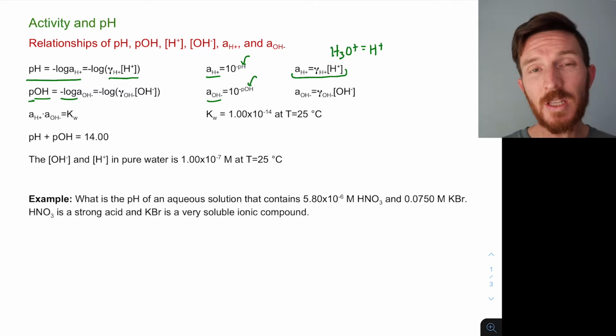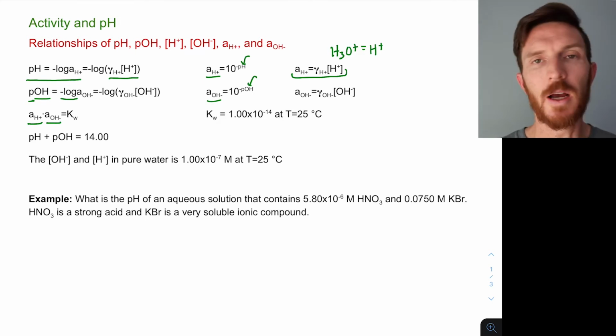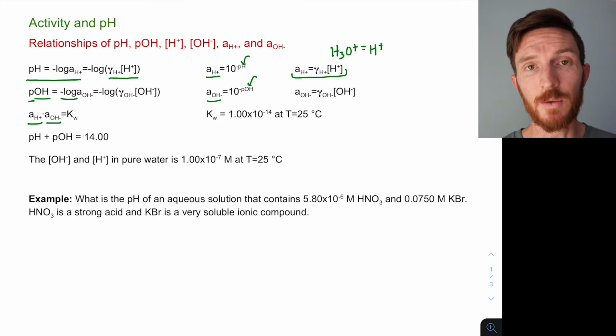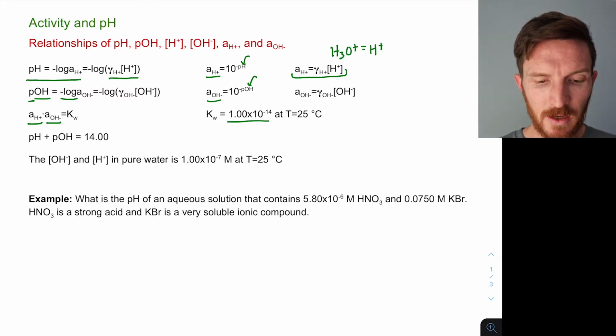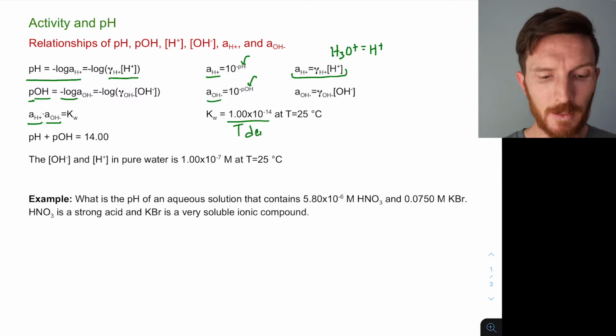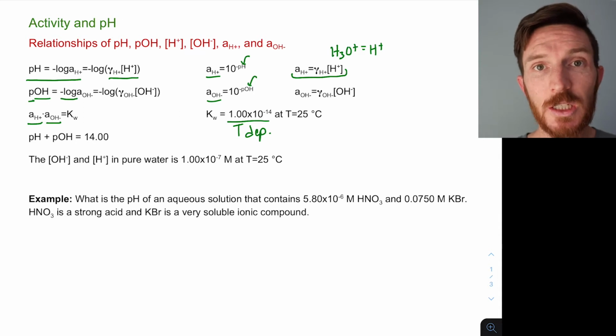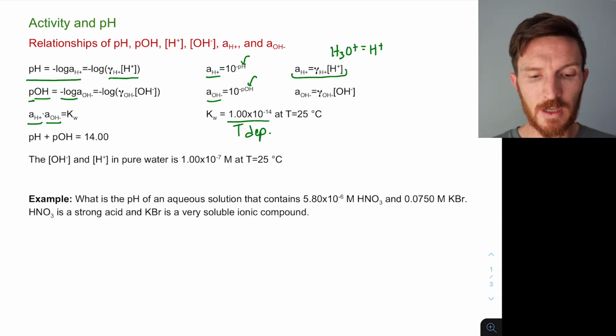And we see that those two distinct relationships, the activity of our hydrogen ion times the hydroxide ion concentration, is equal to Kw. Now, Kw we typically think of as 1 times 10 to the negative 14th. It's an equilibrium constant. Like any other equilibrium constant, it is temperature dependent. So if our temperature changes, it's going to be different than that 1 times 10 to the negative 14th.